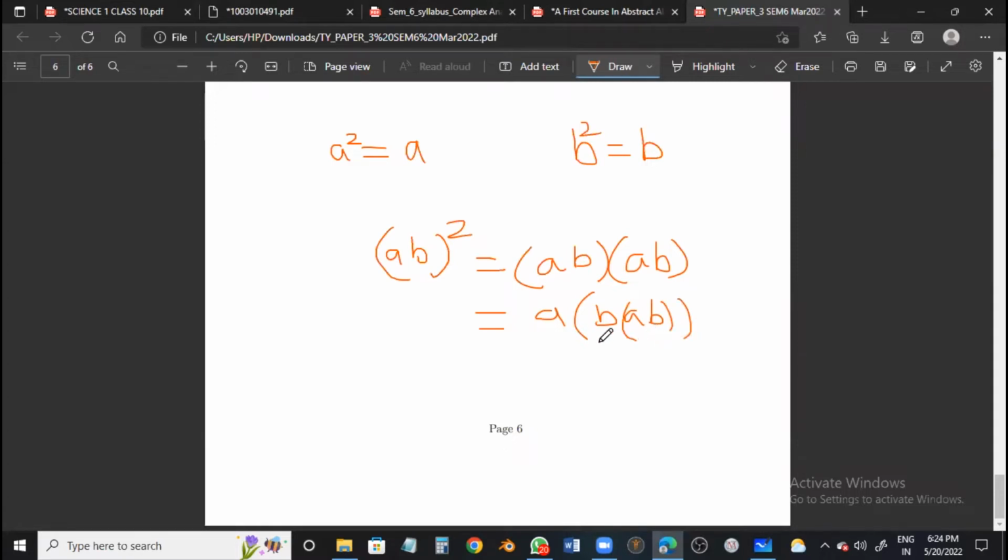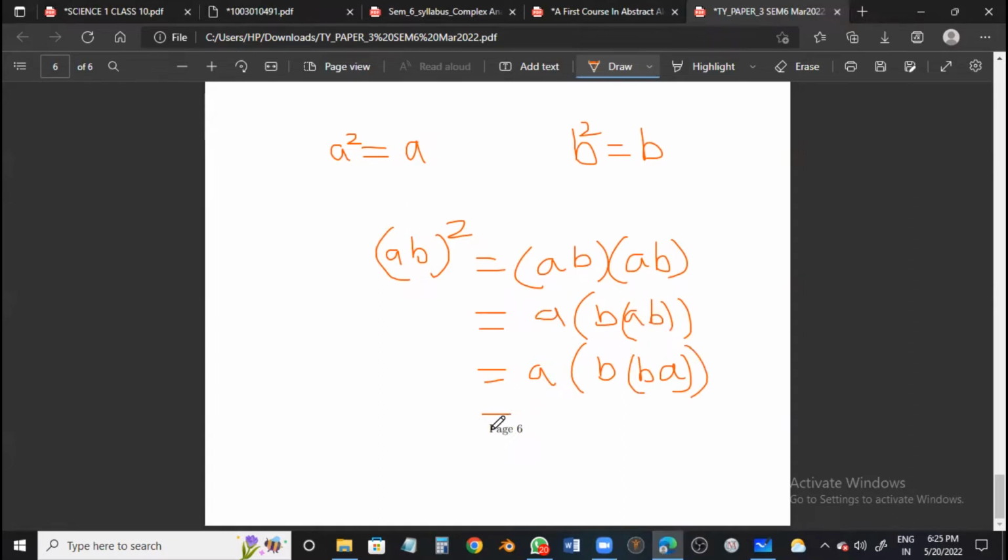This is associativity I have made use of. Then A as it is, and let me use commutativity, so this will be B into BA. Is this fine? I have used commutativity.